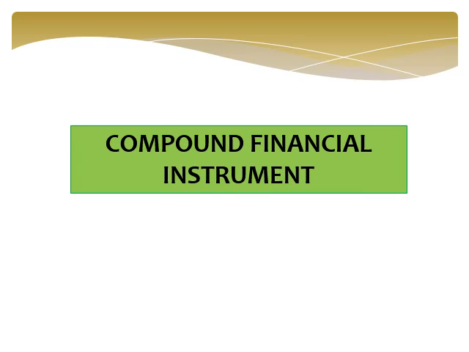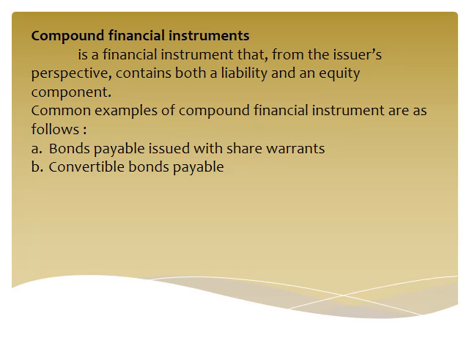Compound financial instrument. A compound financial instrument is a financial instrument that, from the issuer's perspective, contains both a liability and an equity component. The common examples of compound financial instruments are as follows: bonds payable issued with share warrants and convertible bonds payable.